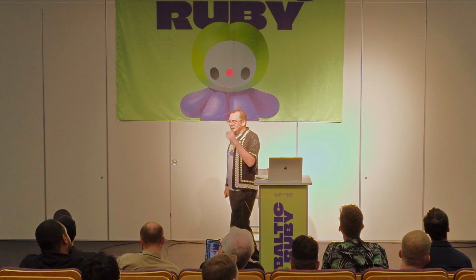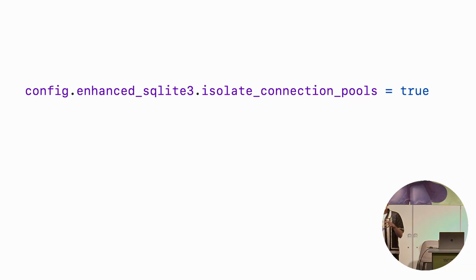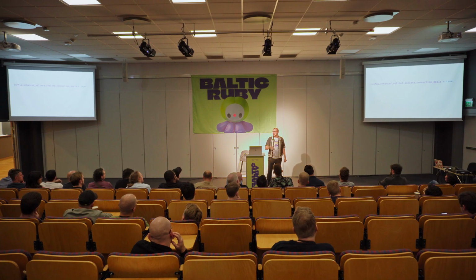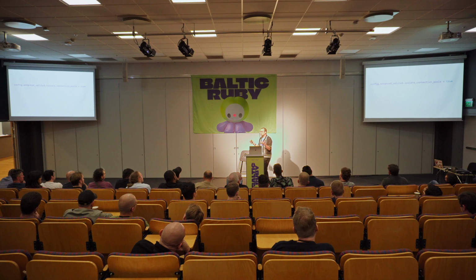If you want to have isolated connection pools, just to really briefly give you the explanation of what that means. By default in our Rails application, we set up in our database YAML, we're going to be talking to production.sqlite3. Rails is going to spin up a connection pool. And by default, it's going to put 5 connections in that pool.